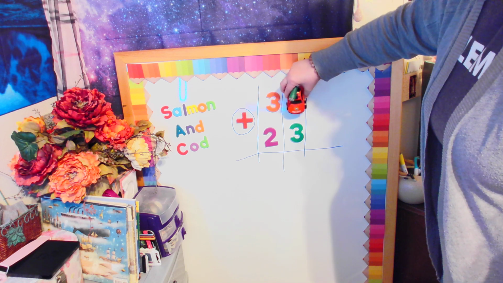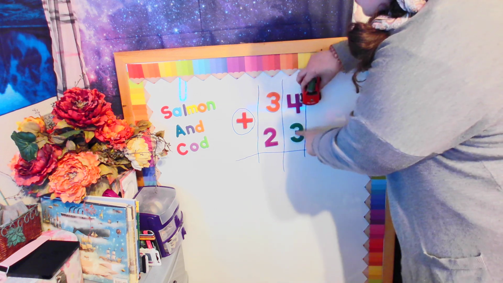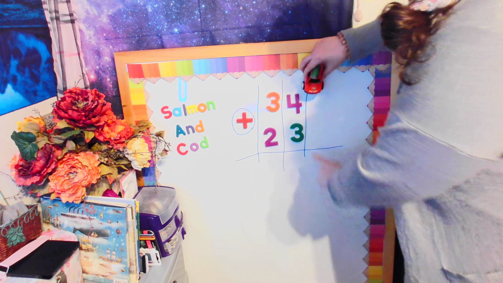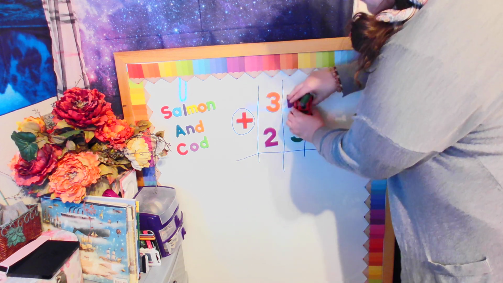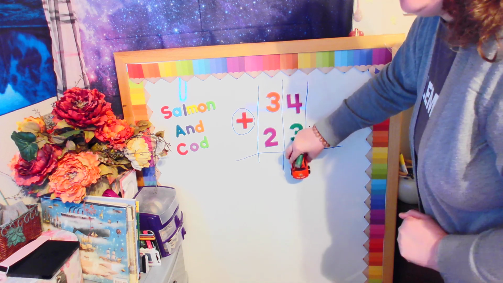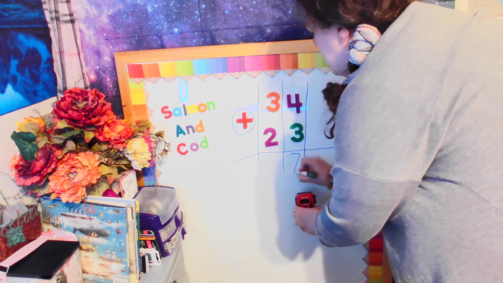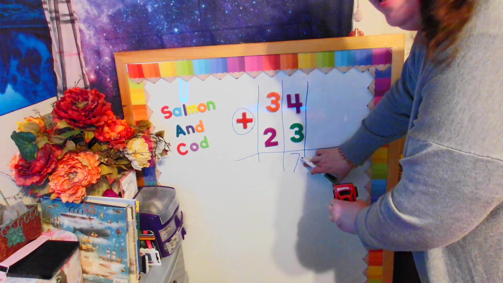So he now has 4. Then he's going to go to the 3, and he knows he needs to add 3 to this 4. So what is that? We had 4, and we added 3 more. That's 4, 5, 6, 7. So this little car is going to zoom down with the number 7, and he's going to drop off the number 7 right here. Okay? Because 4 plus 3 is 7.